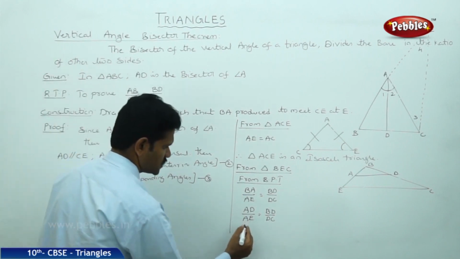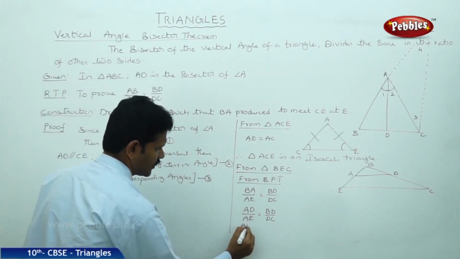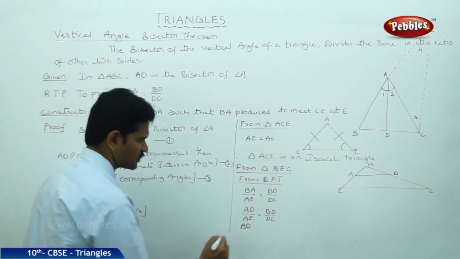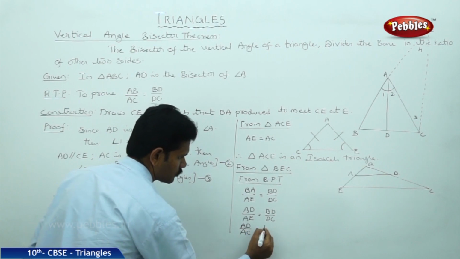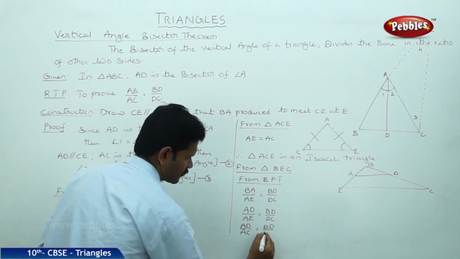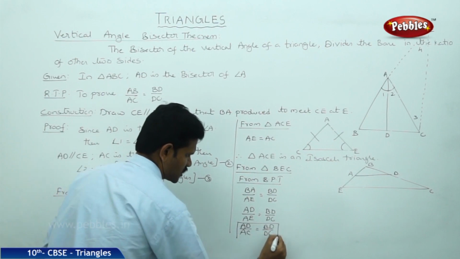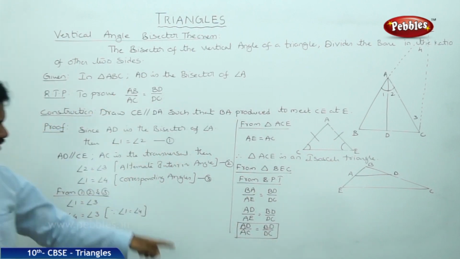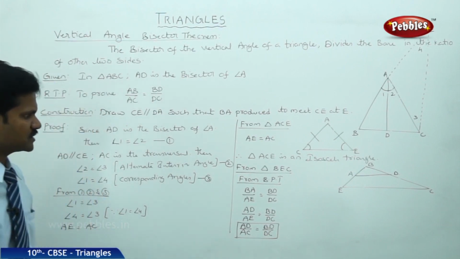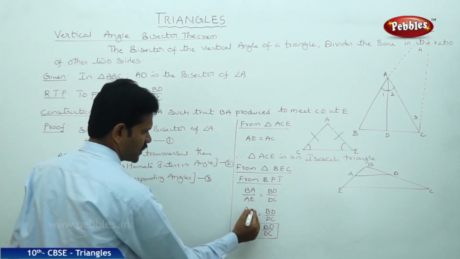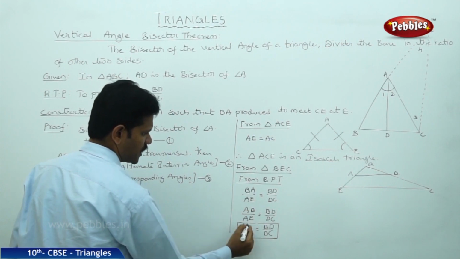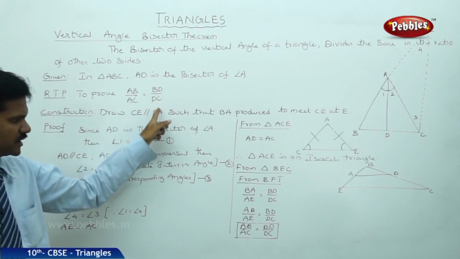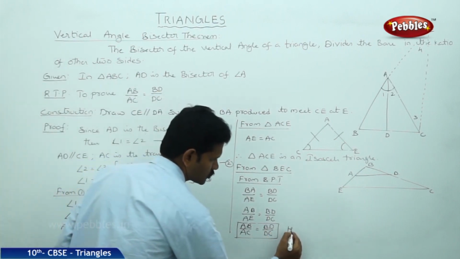Now since AE is nothing but AC, AB by AC is equal to BD by DC, hence the theorem. What we have to prove? AB by AC is equal to BD by DC, hence proved.